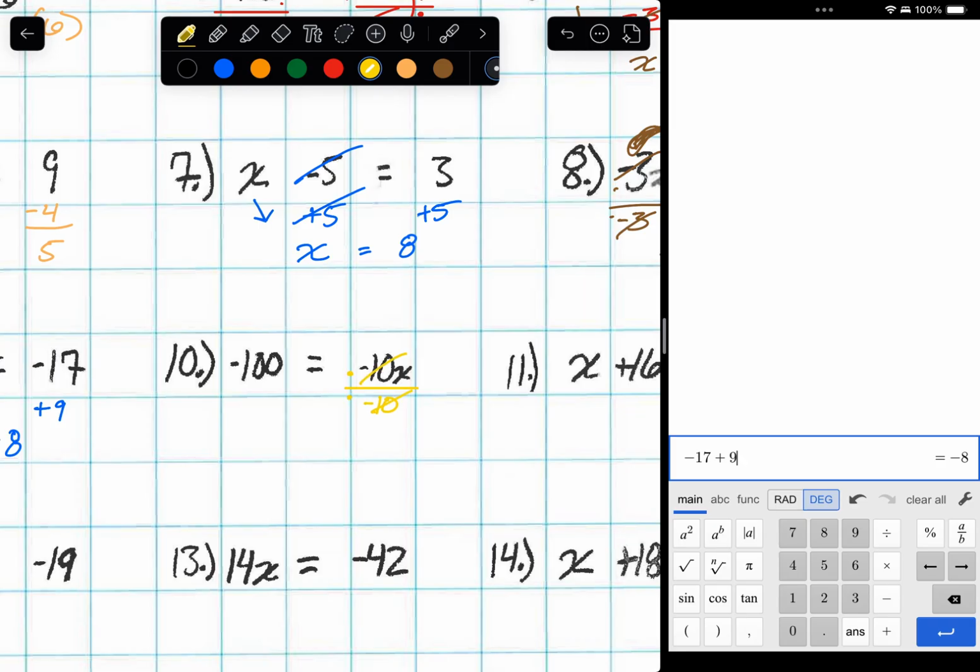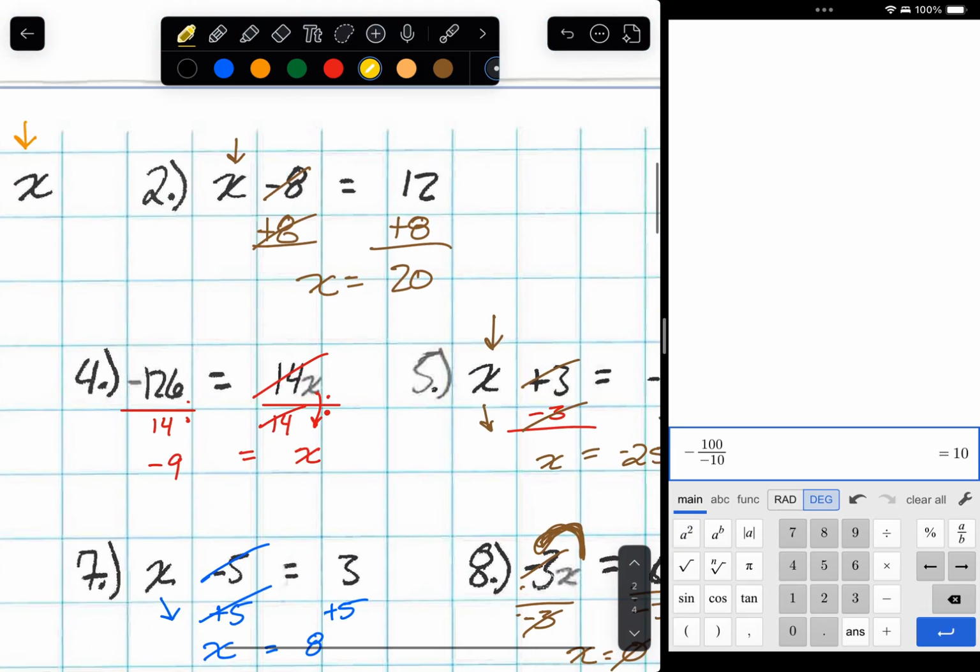Divide out negative 10 to both sides. Bring down x. Negative 100 divided by negative 10 is a positive 10. Negative divided by negative makes positive, so this is 10.